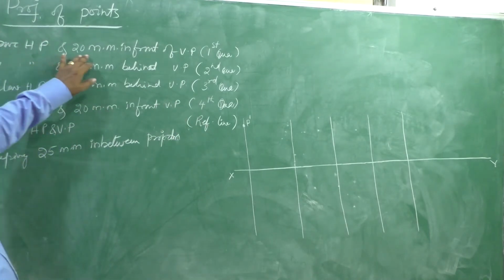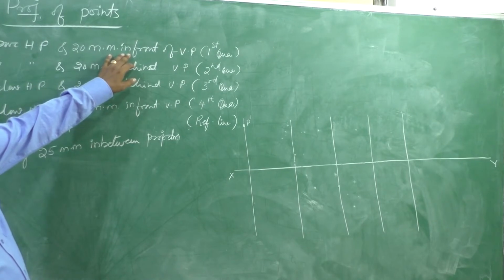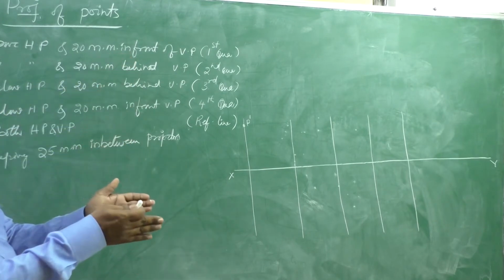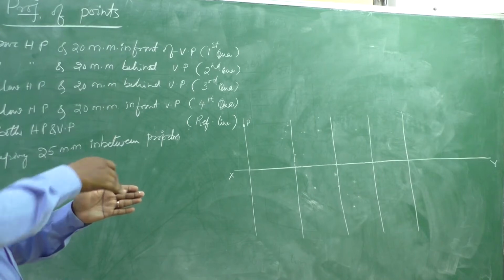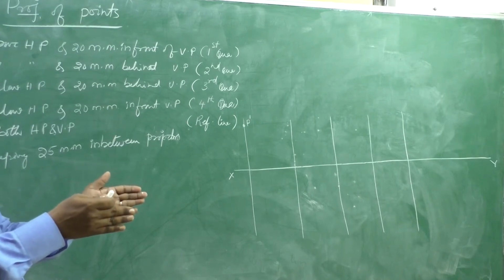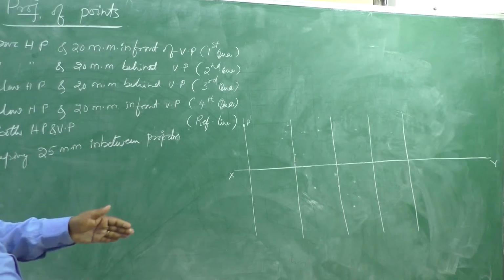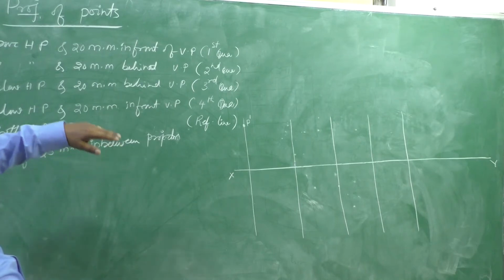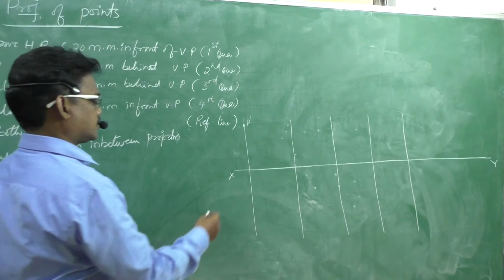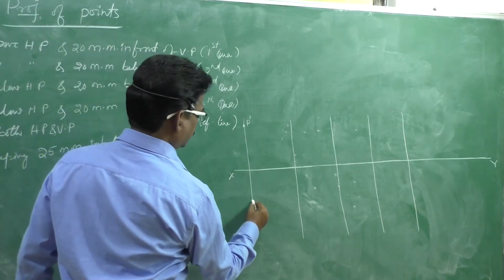Now 20 mm in front of VP. If it is in front of VP, in the top view the respective distance we can see, and after the rotation it will go below the horizontal reference line. The projector is the same. This is 20 mm.